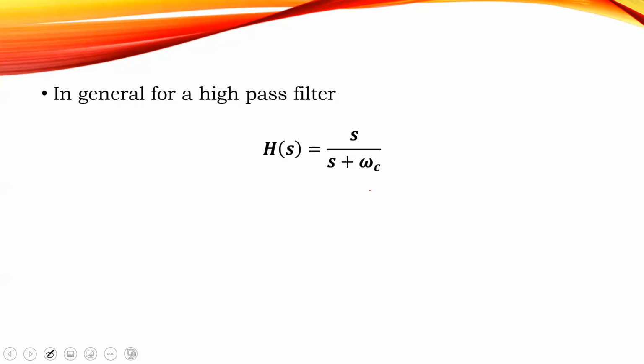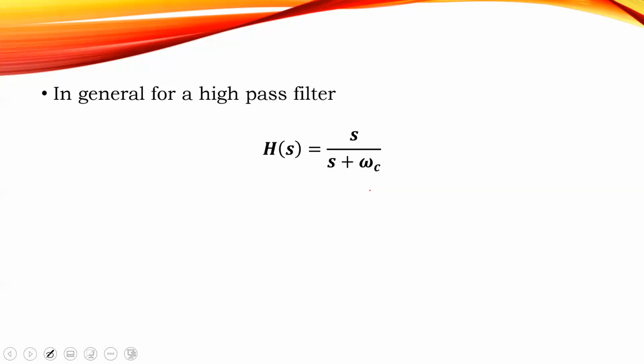So we have S over S plus omega C. For the low pass, we had omega C over S plus omega C. So those are our two basic filters using single reactive components, along with a resistor.